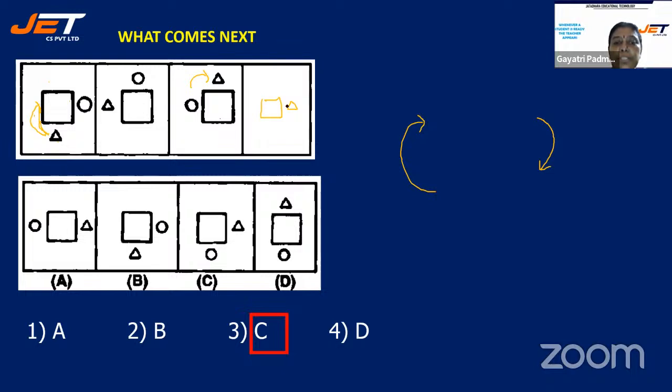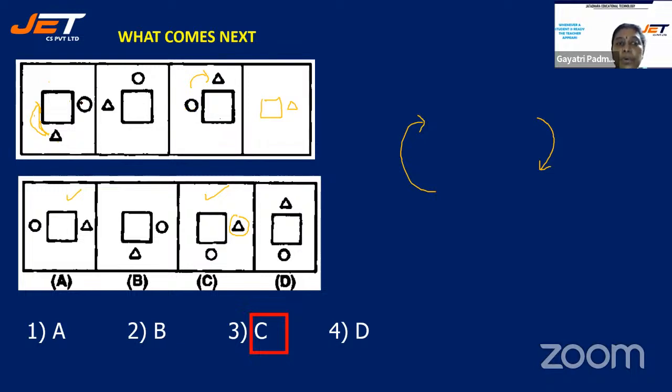So the option is C? Here you have the triangle towards the right hand side. So the probable option could be either A or C, because in both places the triangle is placed right hand side. But now you should see which one, either A or C. For that you should see the circle.